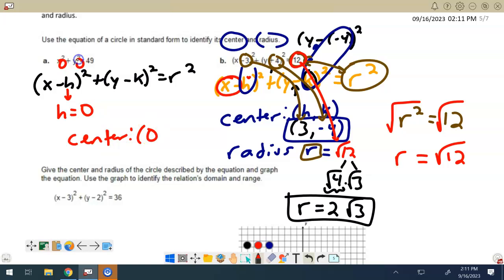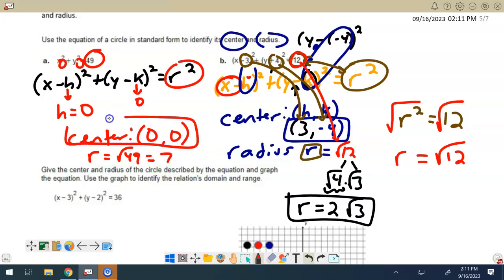The same thing happens with y: there's no number with the y variable either, so k is equal to 0, which means the y coordinate of my center is 0. So if the numbers are missing, use 0 as your coordinate for that. And then in this case, the radius is not 49, but the square root of 49, which is 7. So that one simplifies pretty nicely, and this circle would be centered at 0, 0 with a radius of 7.